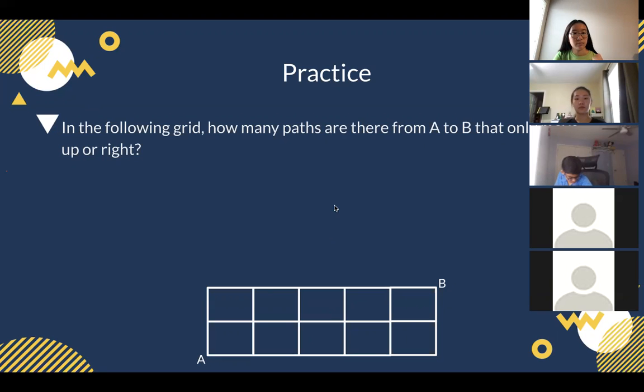Are you sure? I think the total amount of moves is going to be 7, because you can go up 2 and then to the right 5, and then you'll get from point A to point B. So I think the total amount of moves is actually 7.